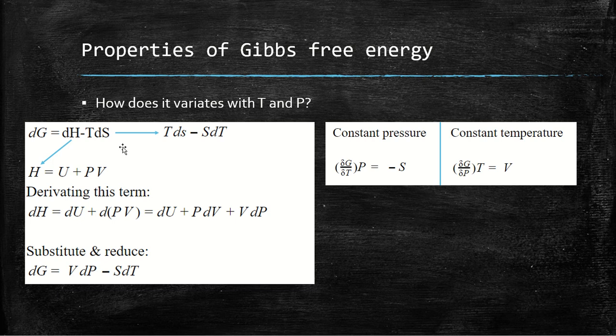So here we can state that this term can change from TdS minus SdT, and this one from that. So in here it's already derivated, but in here we have to derivate those terms, and by substituting and reducing both terms in the same equation, we find that our delta G becomes VdP minus SdT.